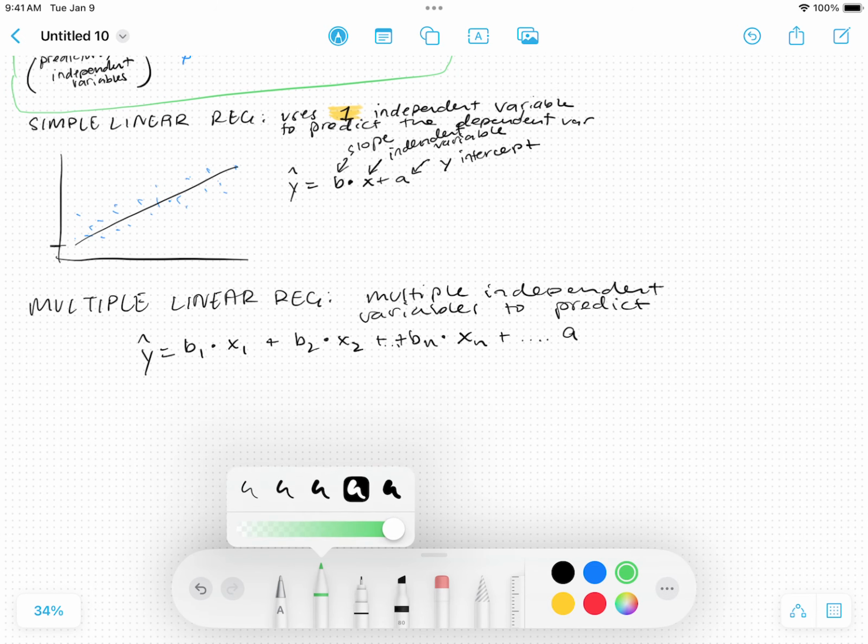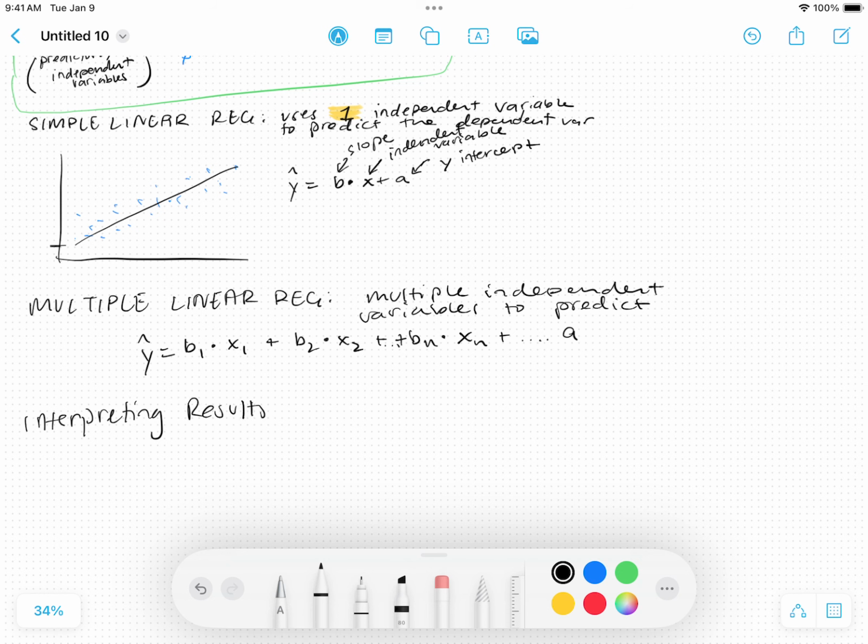Now, I get what's going on, but how do I interpret the results? You may have seen something like this R, which is called the multiple correlation coefficient.